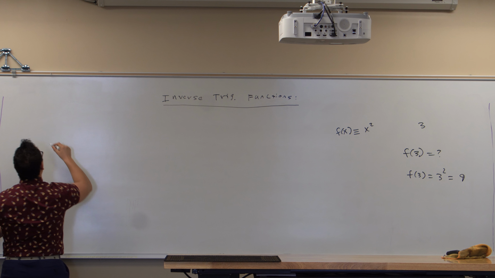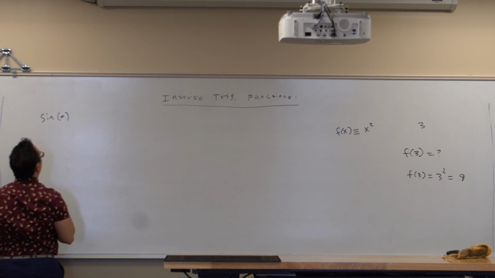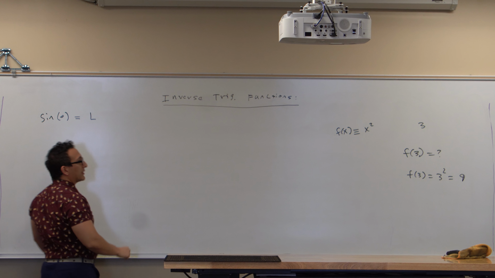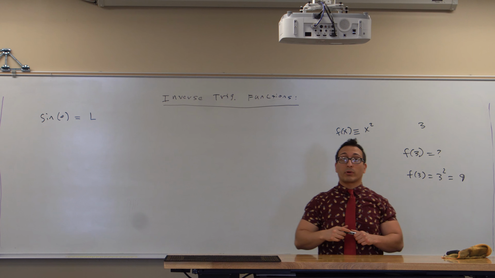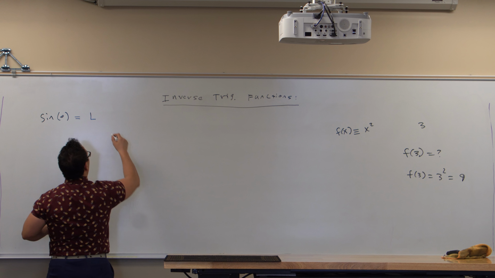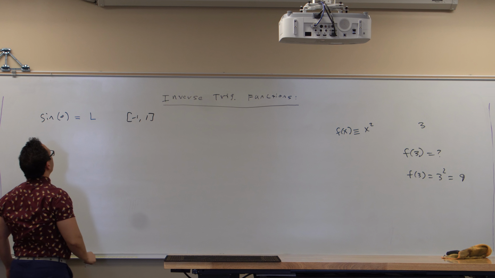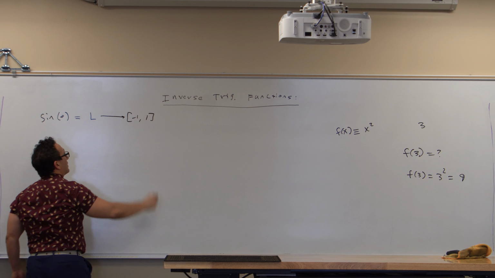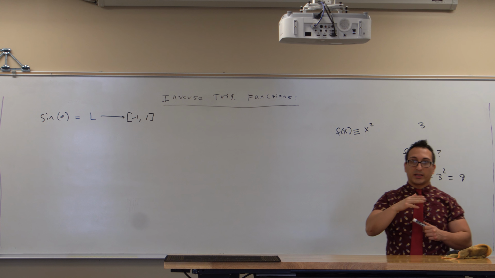What if I have sine of theta equals some L? It's a length. Sine of theta is a length. As you know, the range of sine is from -1 to +1. So this L is some value inside there: either -1 or +1 or anything between.